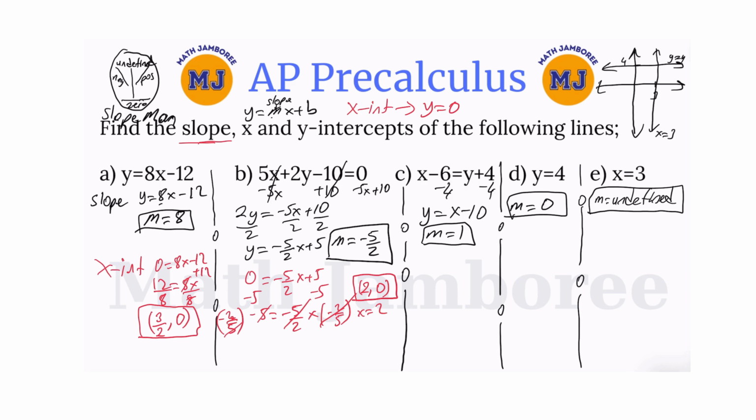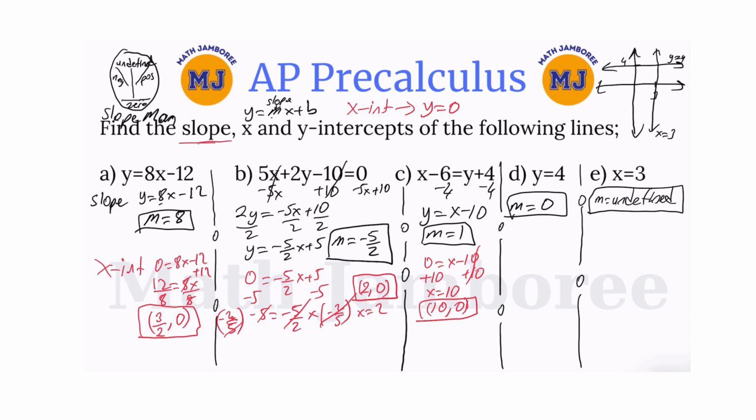And for this one, we'll just give 0 for the y. 0 is equal to x minus 10. This is a lot easier because you just add 10 and x becomes 10. So the point is 10 and 0, which is the x-intercept. And the y equals 4 line is parallel to the x-axis.